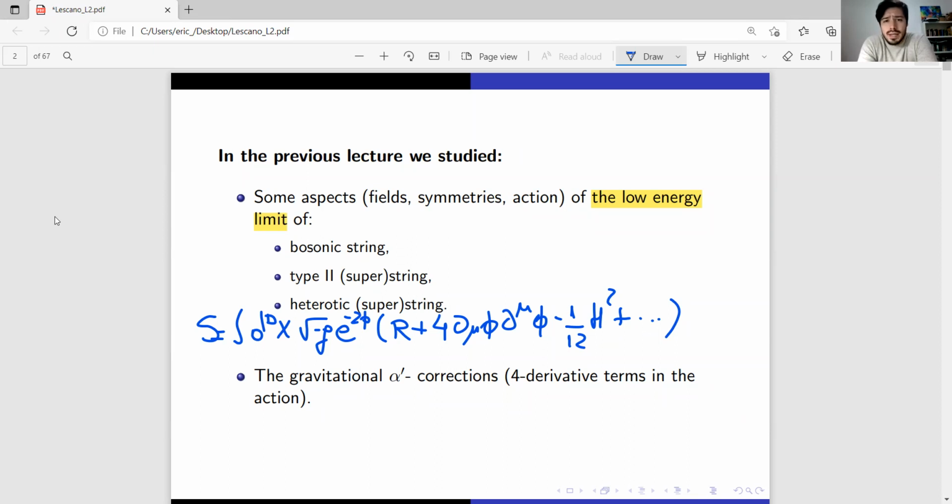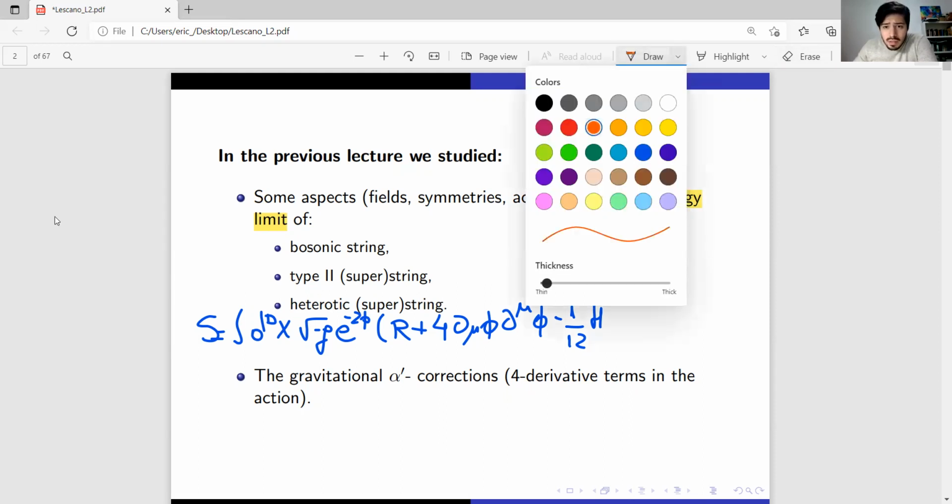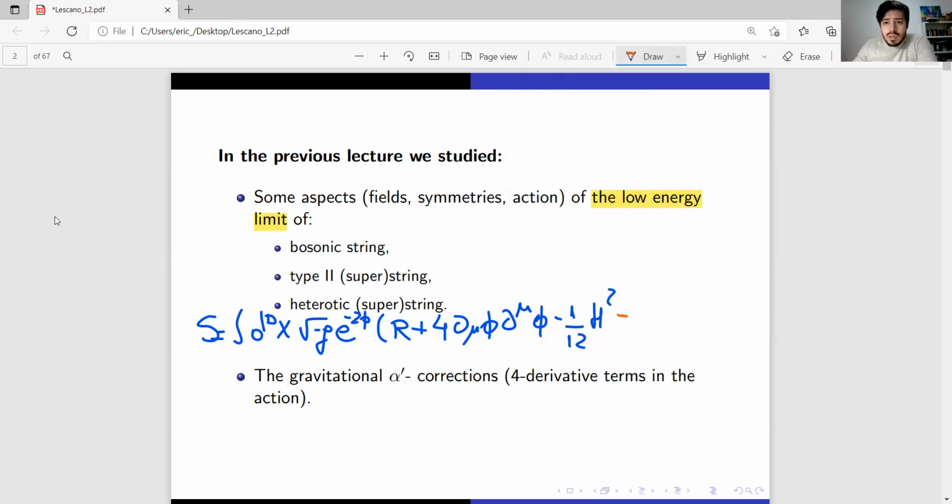So we are always analyzing the low energy limit. The symmetries of this Lagrangian were diffeomorphisms and abelian gauge transformations. In the case of the heterotic string, we add an extra term just for the heterotic case. Let me change my color. We include this term.